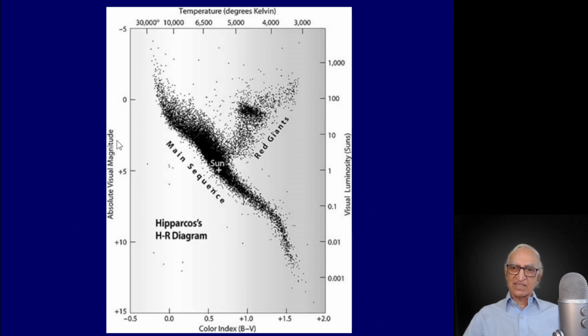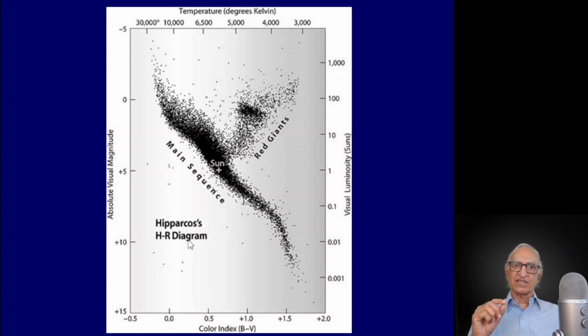Here is the Hertzsprung-Russell diagram, luminosity versus temperature, of not some hypothetical theoretical plot, but an actual plot of almost 1 million stars, whose distances and luminosities have been measured by this remarkable satellite Hipparcos, which was launched about 10 or 15 years ago.